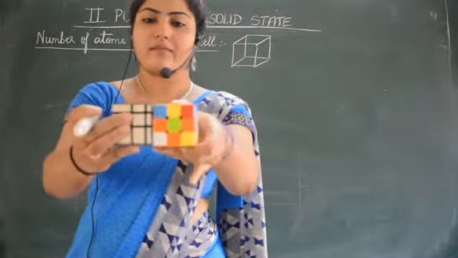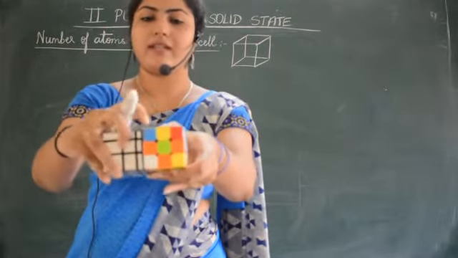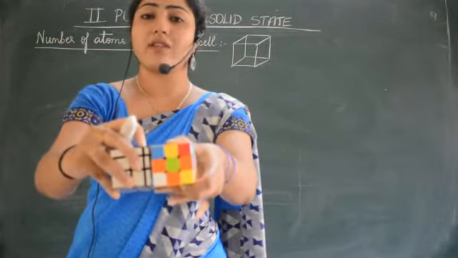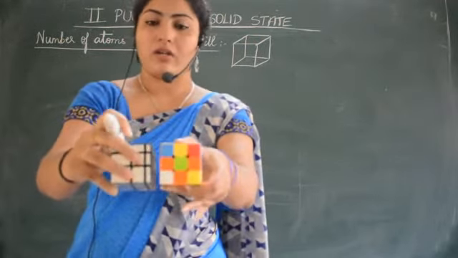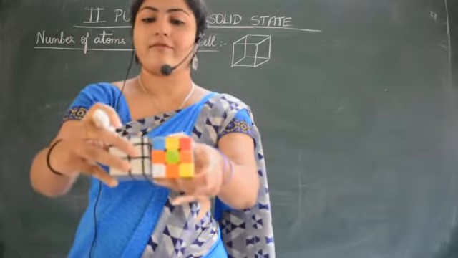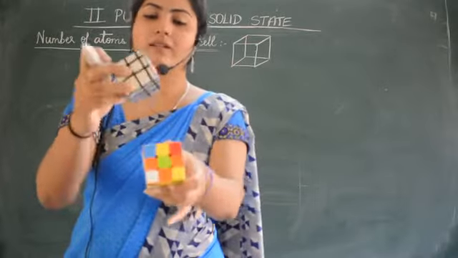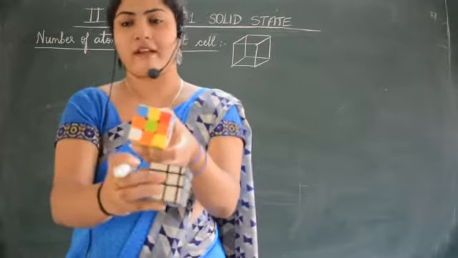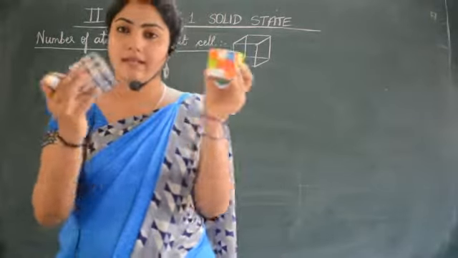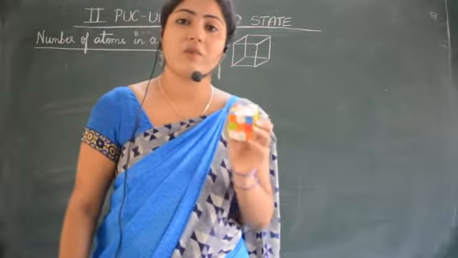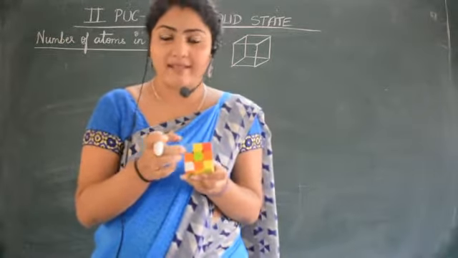So if there is other repetition, see this atom is shared by the nearest unit cell also. Here 1, if one more is present, here 2, 3, then 4, 5. Likewise, in a crystal lattice, 8 other unit cells will be sharing this atom.